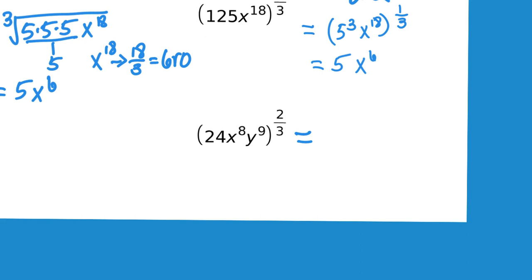How many 2's are in there? I just want the prime factors. No, that's 16. Does 16 go into 24? Okay, then it can't be 16. Go back one. 3. Does 8 go into 24? There we go. So we got 2 cubed times what? 8 times what gives me 24? 3. Those are all primes, right? And then we have x to the 8th, y to the 9th, and it's all raised to the 2/3.